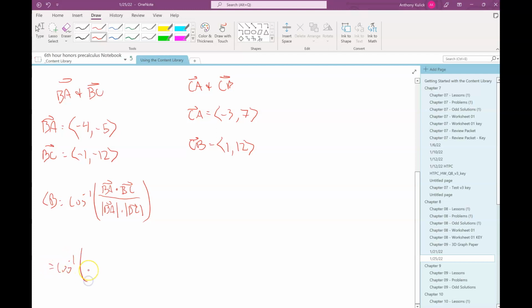So cosine inverse, BA dot BC is going to be -4 times -1, so that's 4, plus -5 times -12, so that's 60. And then the magnitude of BA is going to be 4 squared plus 5 squared, so that's 41. And then 1 squared plus 12 squared is 145.